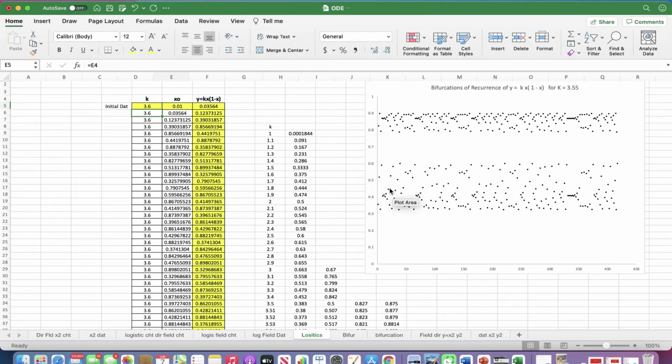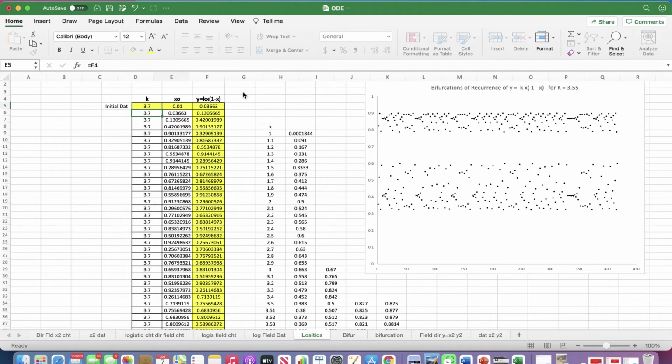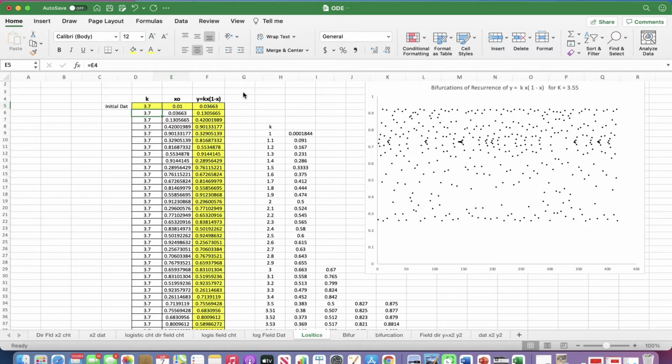But within these areas where the points do exist, the output does exist, there's no pattern that you can see. And as we progress into the chaotic zone, you can see that the output is unpredictable, although it's bounded here. This is our attractor, the boundary.